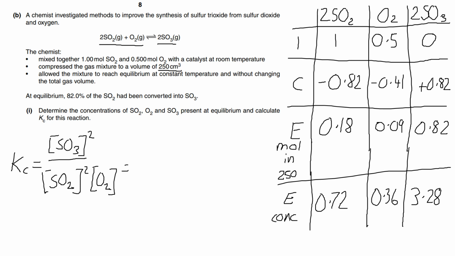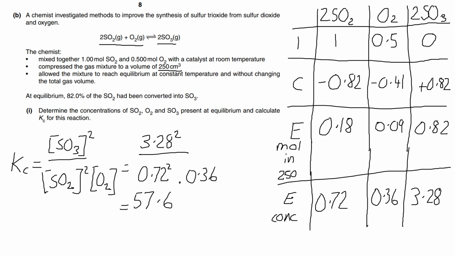So we then plug the units in. That's going to be 3.28 squared divided by 0.72 squared times 0.36. And that comes out as 57.6.